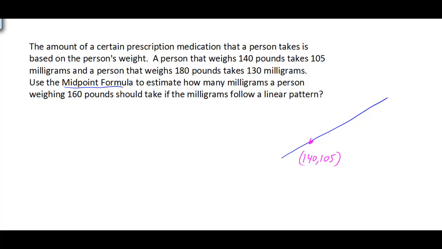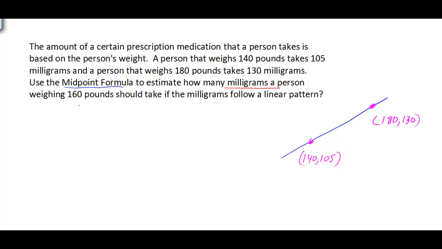So this point we could think of as a 140-pound person that has to take 105 milligrams. And later on this line, we're going to have a person that weighs 180, and they're going to have to take 130 milligrams.